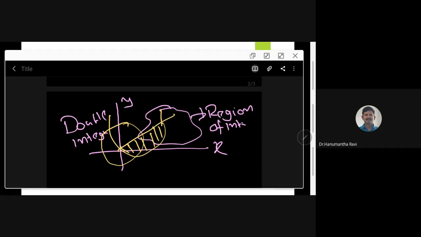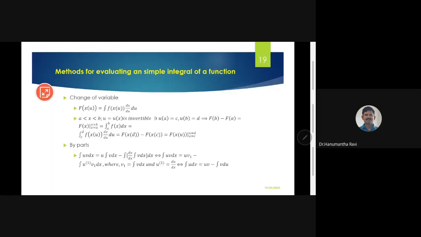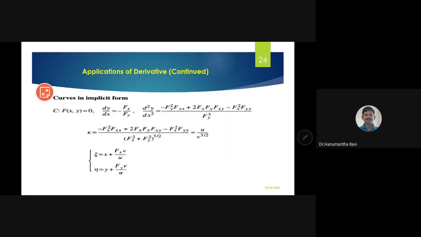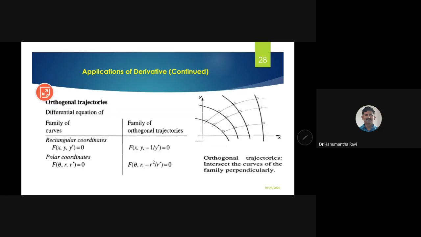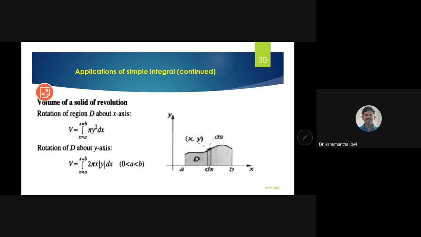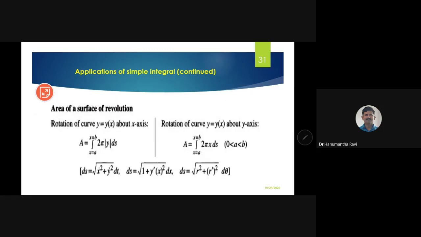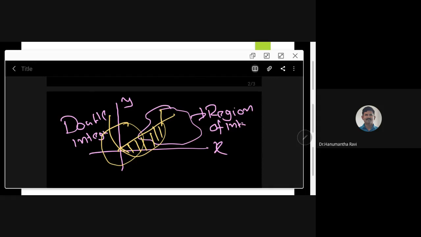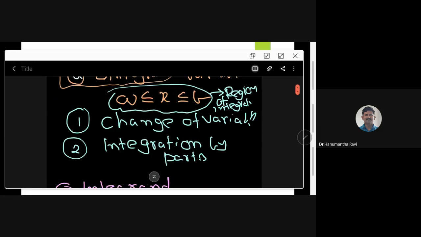Right. Now we go to the slide. We need to focus more on double integrals, as I already told you, since most of the GATE questions are from double integrals. So here, as in the case of single integral, there are two methods, as I already told you.